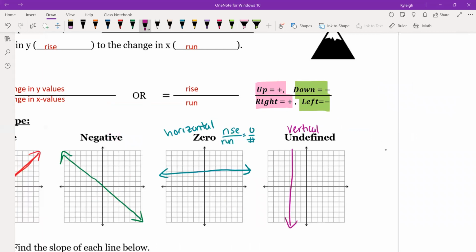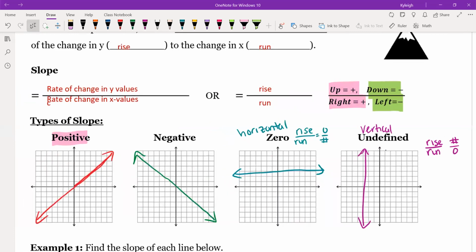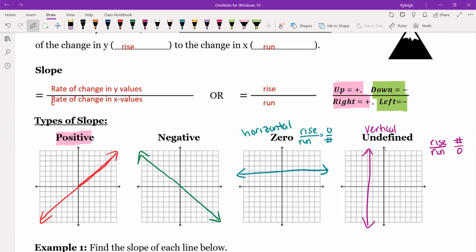It's when your rise is a number, but your run is 0. So you're not going anywhere left or right, you're just going up and down. Those are the 4 types of slopes, and getting those down will be really helpful when we start finding the slope.